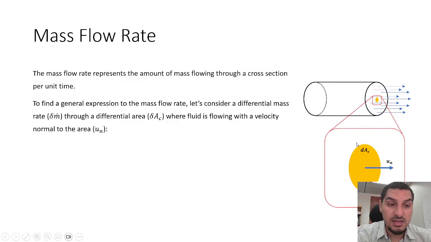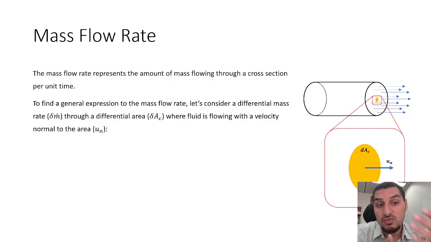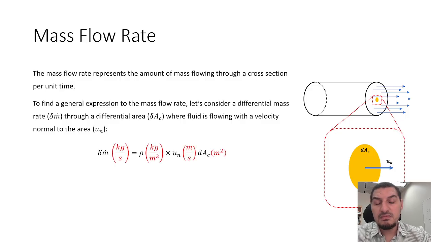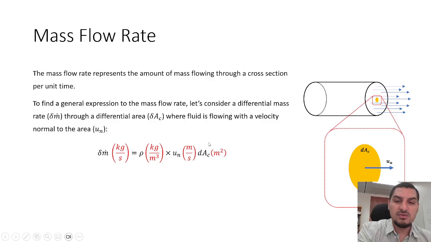So we can derive the equation for the mass flow rate on this very small differential area. We know dAc is the cross-sectional area, un is the velocity, and the fluid has density rho. So the differential mass flow rate through this differential cross-sectional area can be expressed using this equation. dm has units of mass per unit time.